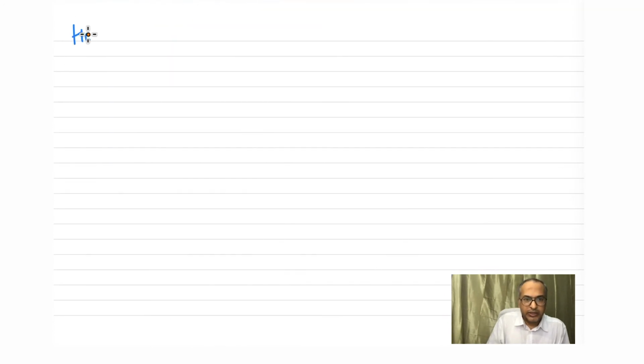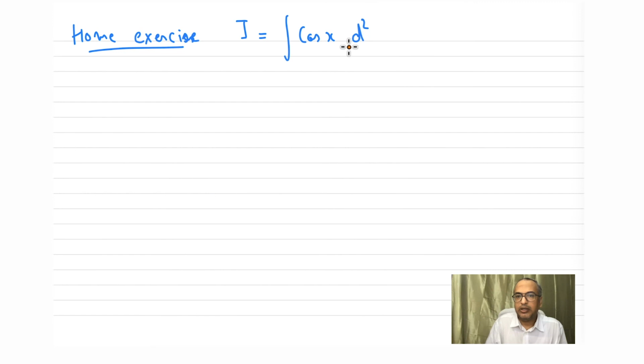Now do this as a home exercise. Let us set up an integral I equal to cosine x, d square by dx square, e to the power minus ax, dx. We already know that the d square by dx square operator commutes with parity.